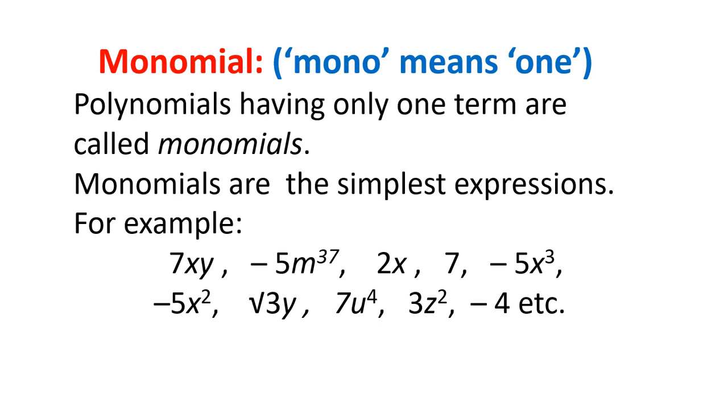Minus 5x raised to power 3, minus 5x squared, under root 3y, 7u raised to power 4, 3z squared minus 4, etc. are all examples of monomials.